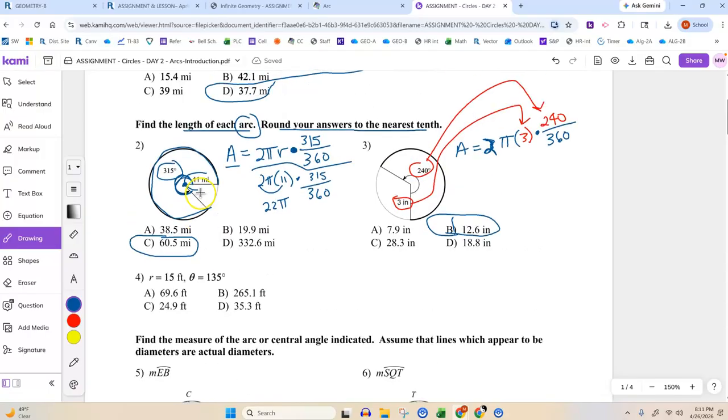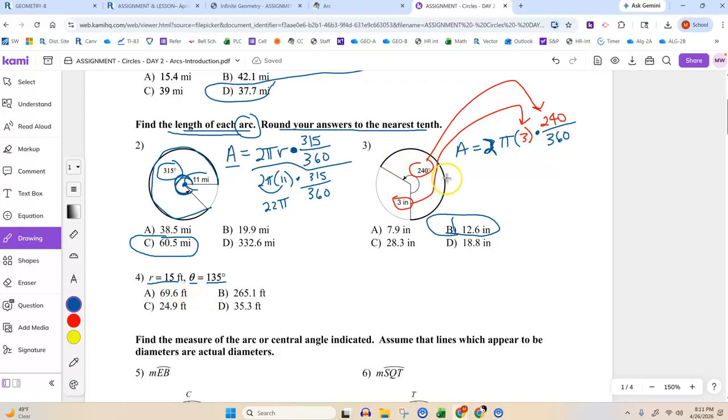Number 4 is the same kind of question. We're still looking for the length of each arc, but here, instead of giving a circle, they're telling us what the radius is and then what the degree is. This 135 is the same as the information we had with the 315 or 240. So it's the same exact problem.